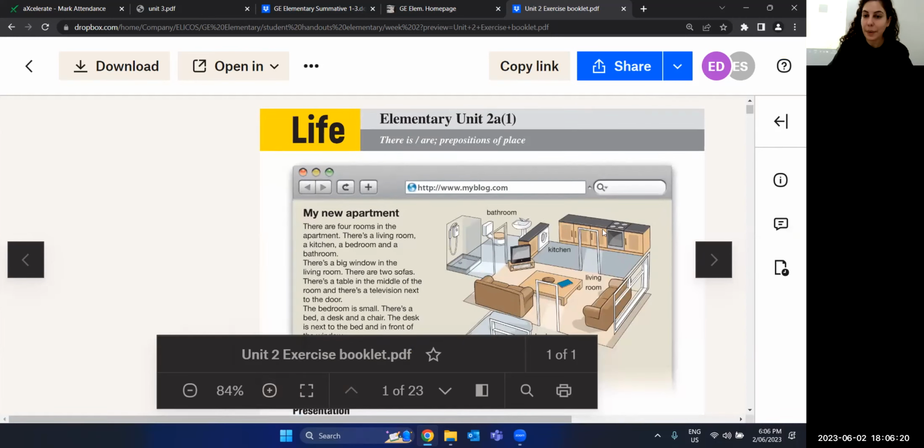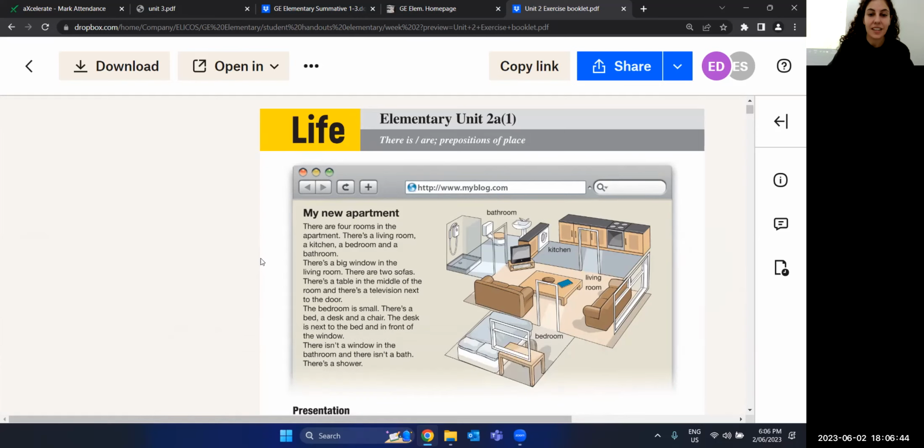Okay, my new apartment. So there are 4 rooms in the apartment. There's a living room, a kitchen, a bedroom, and a bathroom. There's a big window. In the living room, there are 2 sofas.